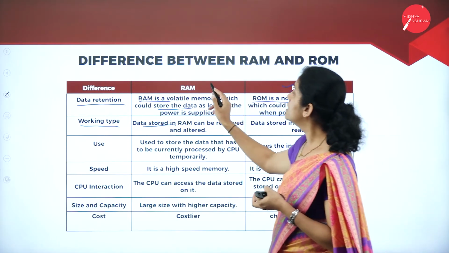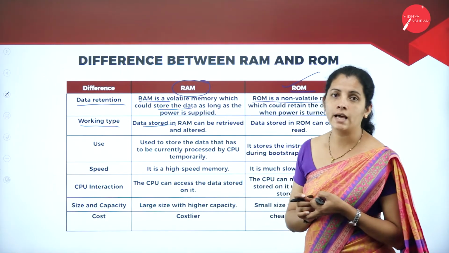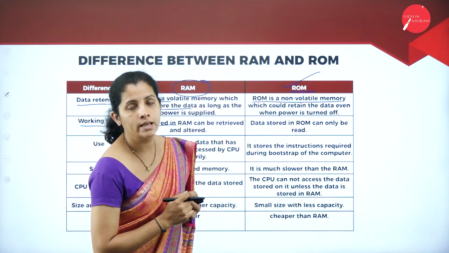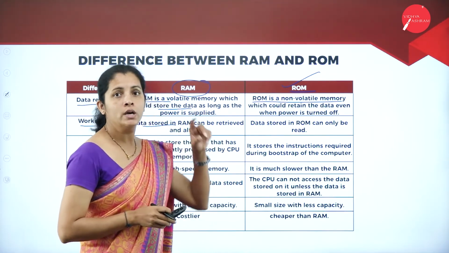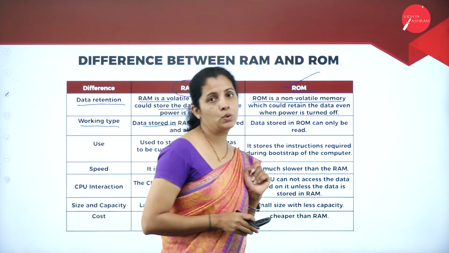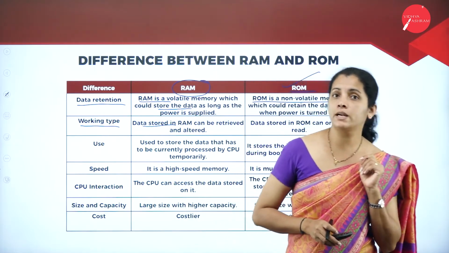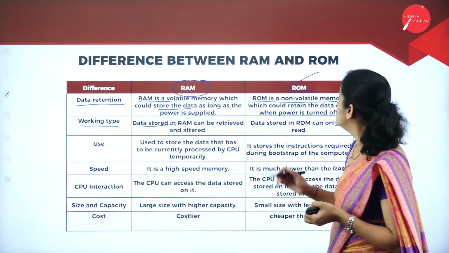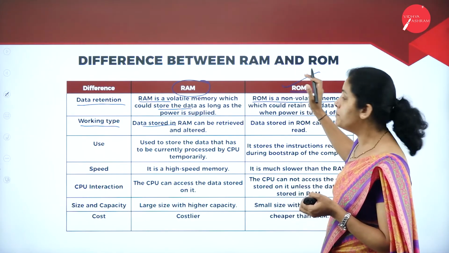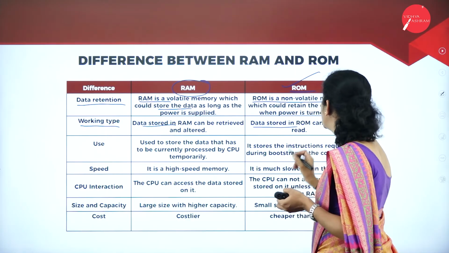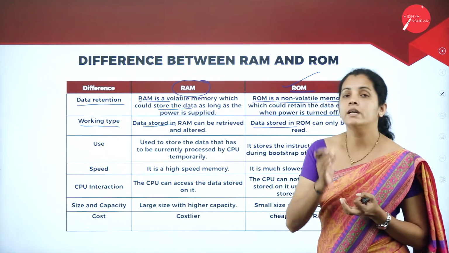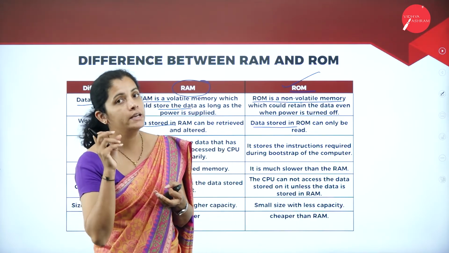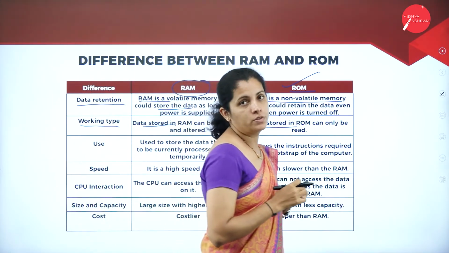The name itself indicates that we can perform random access to memory. I can read the data, write the data, and modify the data. In read-only memory, data is stored read-only. Here I can read the data, but I cannot write data onto the ROM chip.